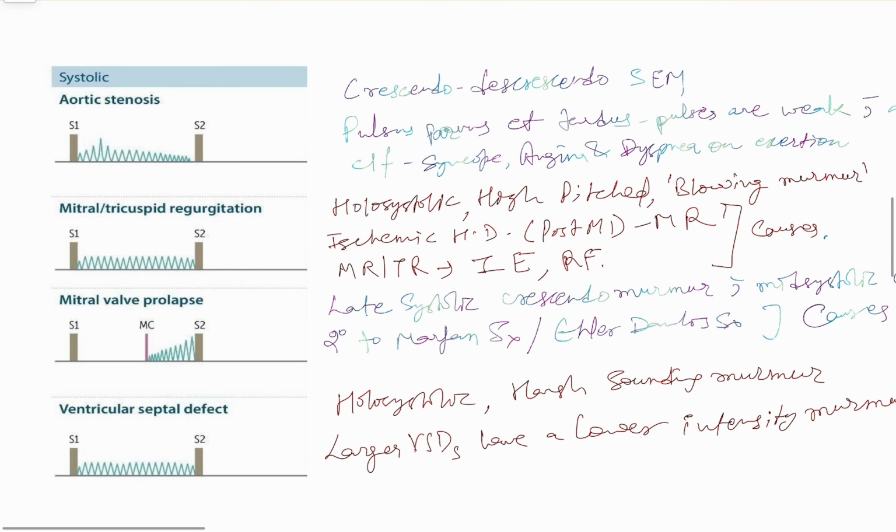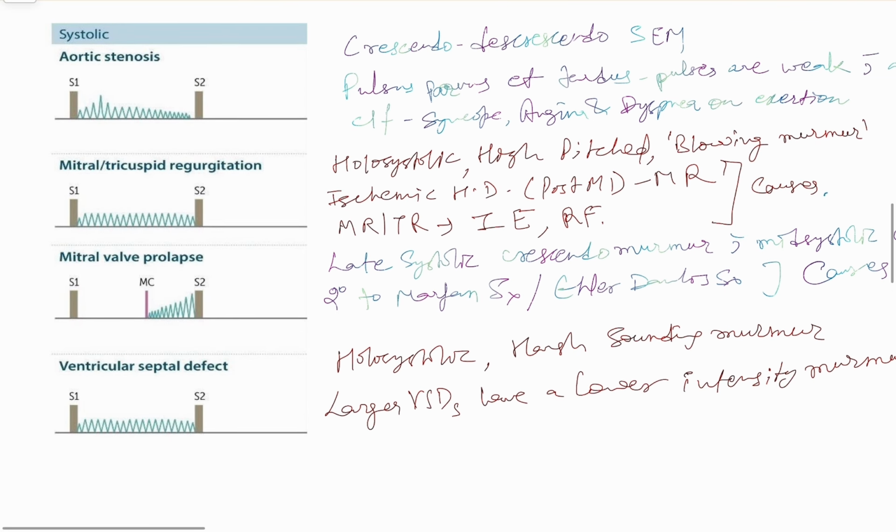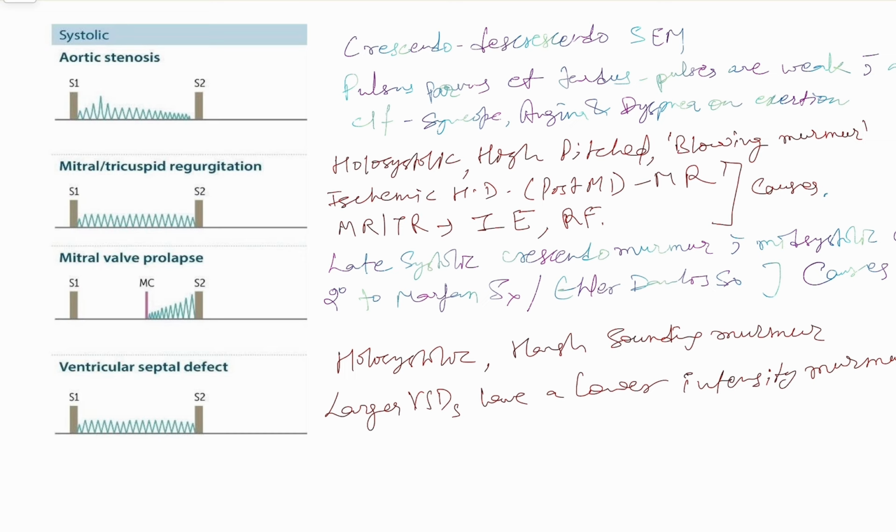Now let's go to the systolic murmurs. We have four murmurs here: aortic stenosis, then mitral and tricuspid regurgitation, mitral valve prolapse, and VSD.